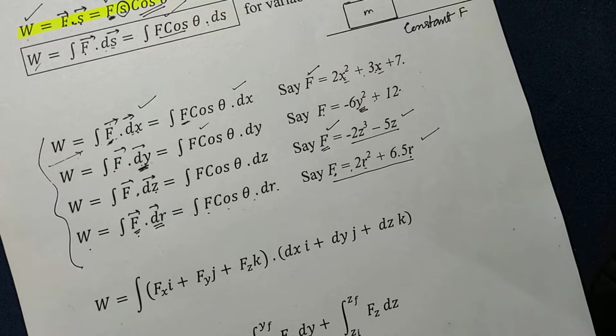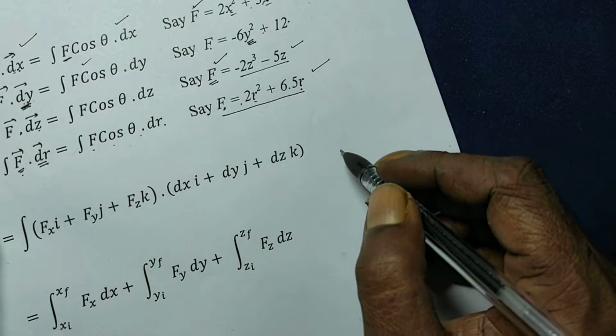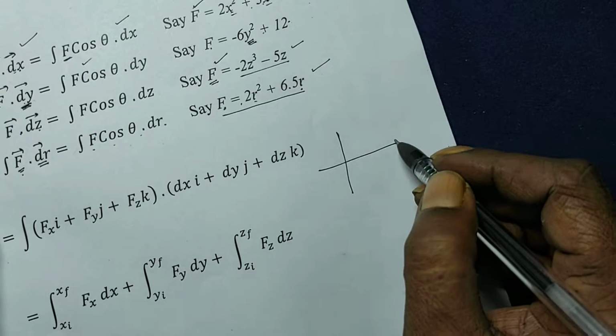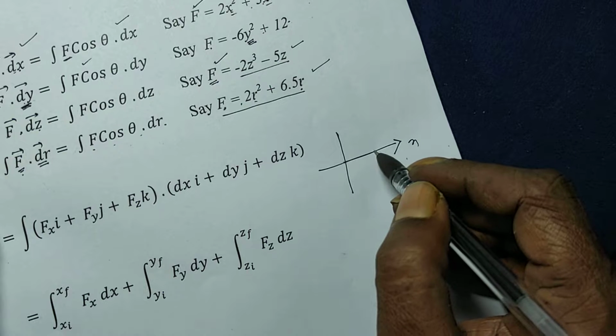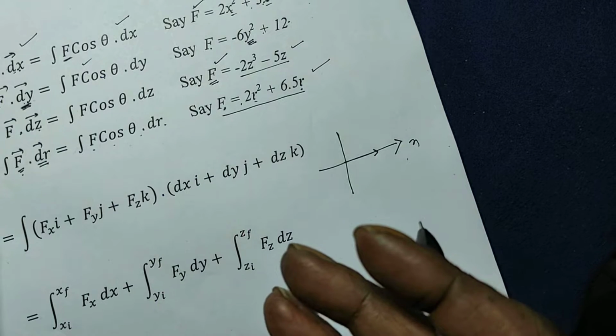Now suppose there is a force and the force is neither along the x-axis. If there is a force represented along the x-axis, then it will be some combination of x with i cap.